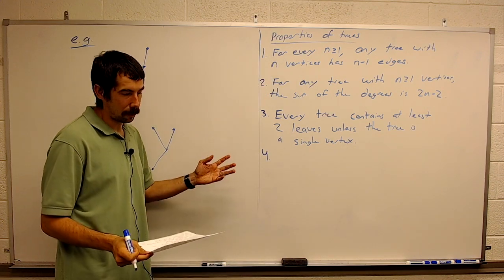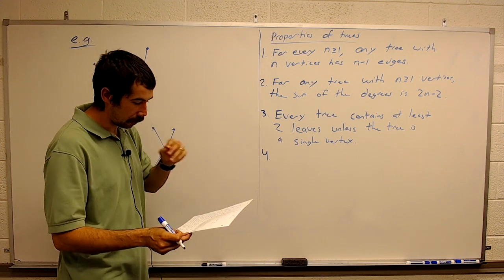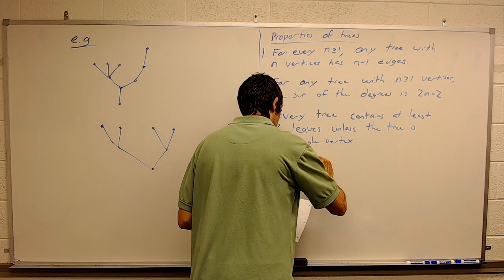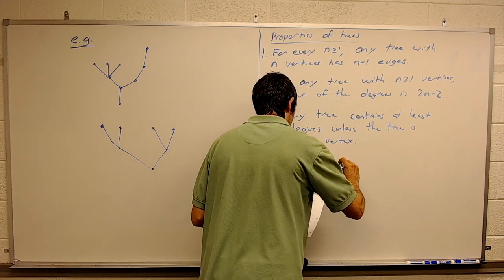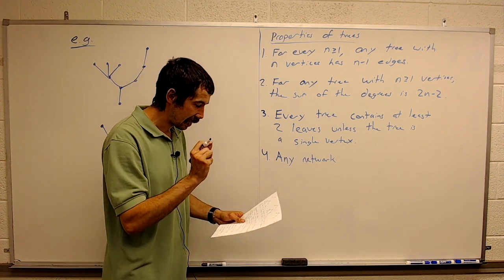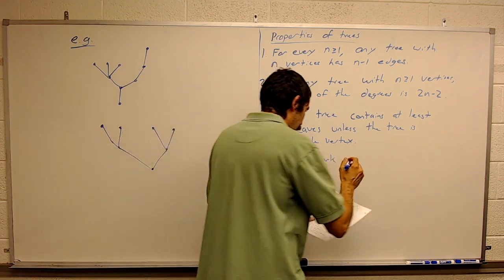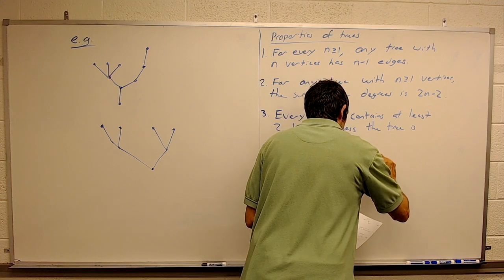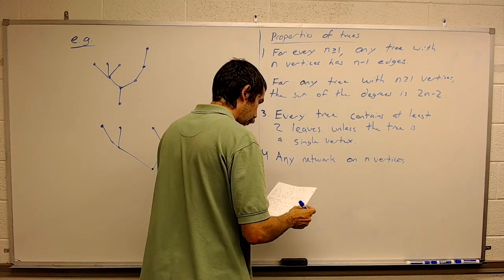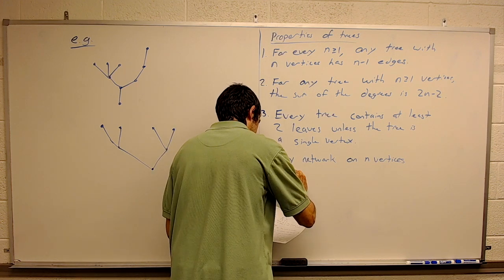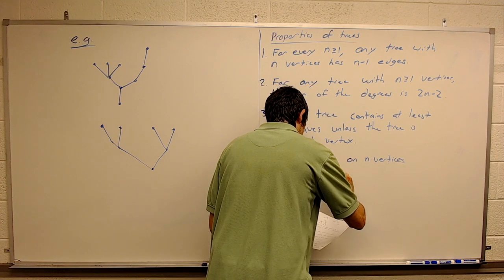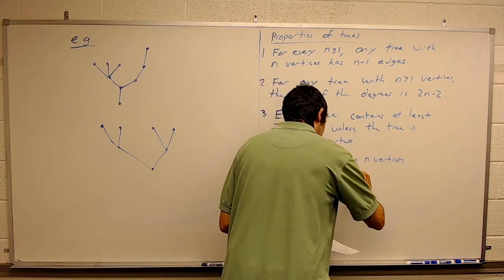This next property kind of ties into this first one. Any network, a network being a connected graph. Any connected graph on n vertices with n minus 1 edges must be a tree.